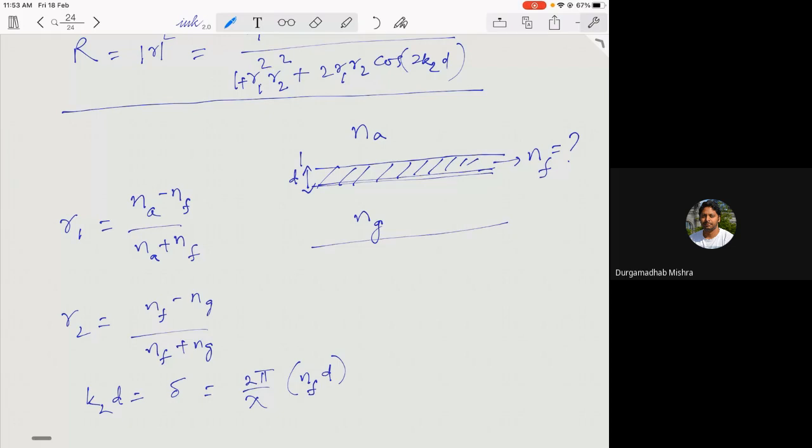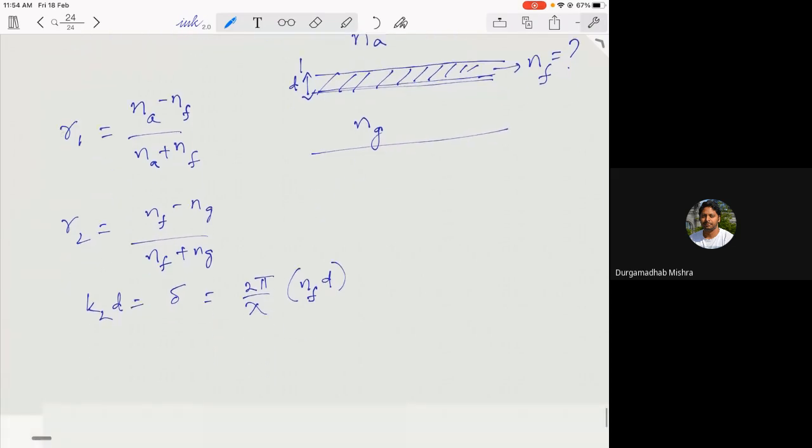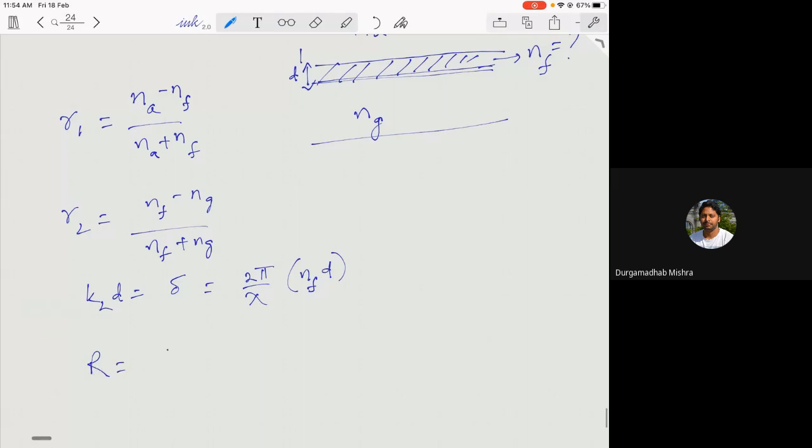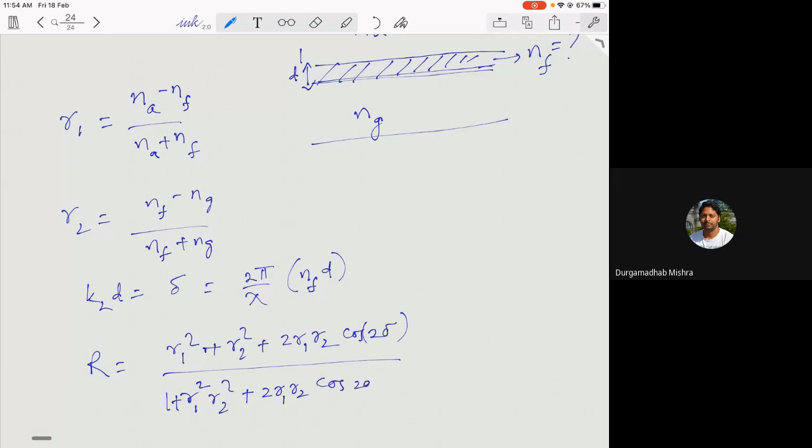This is the extra phase that we introduced, which you can write as delta. In that case, your reflectivity would be R1 square plus R2 square plus 2R1R2 cosine 2 delta, divided by 1 plus R1 square R2 square plus 2R1R2 cosine of 2 delta.